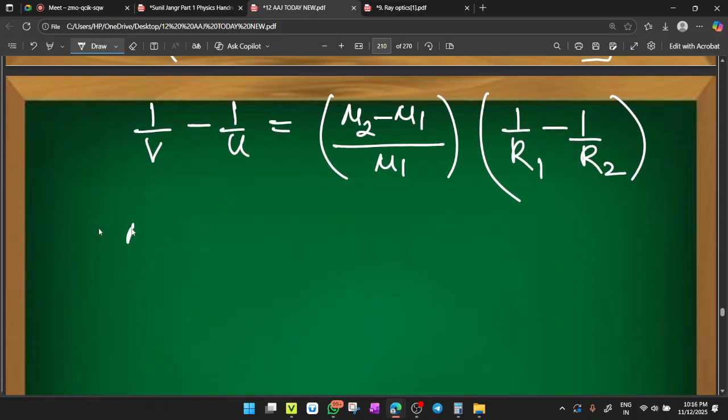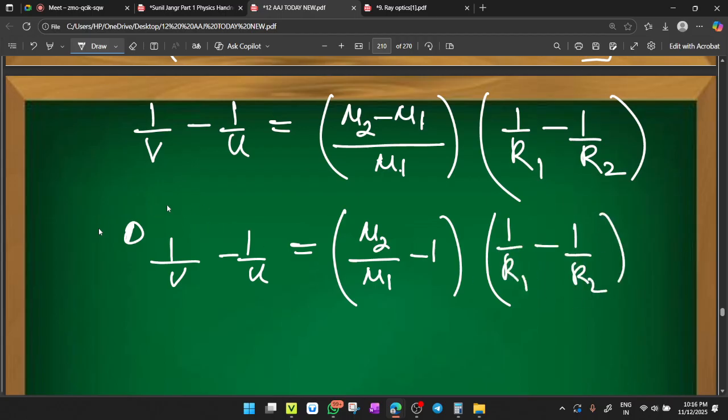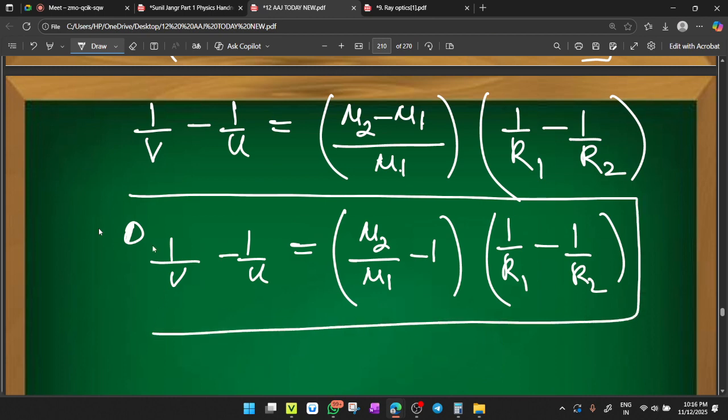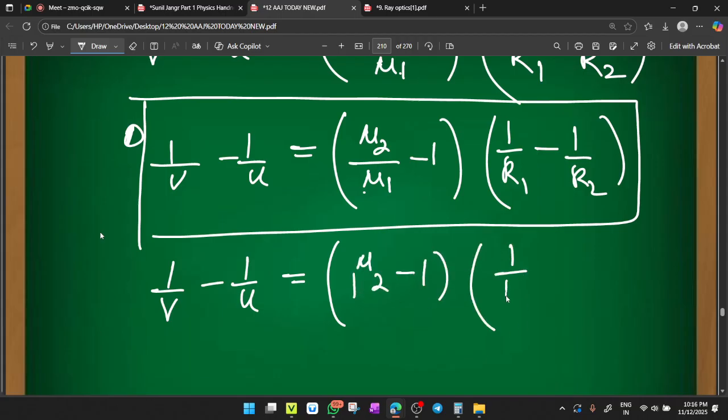So distribute: 1 upon v minus 1 upon u equals mu2 upon mu1 minus mu1 upon mu1, which becomes 1, times 1 upon r1 minus 1 upon r2. Yes, this you can also write as 1 mu2. So 1 upon v minus 1 upon u equals 1 mu2 minus 1, times 1 upon r1 minus 1 upon r2. Clear?